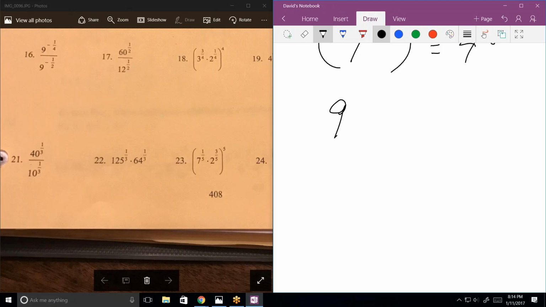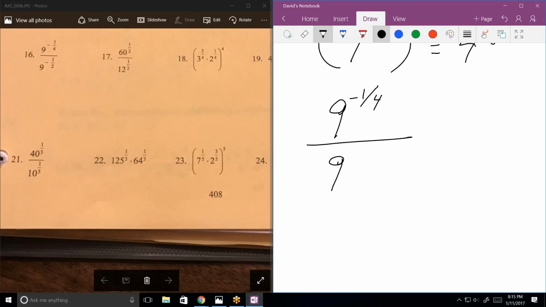Notice that every one of these, you don't have to find a common denominator that's bigger than the biggest denominator. Every one of these, the biggest denominator is your common denominator. So the top is minus 1/4, and just put the bottom in fourths.